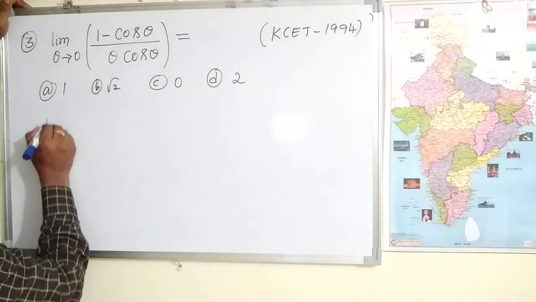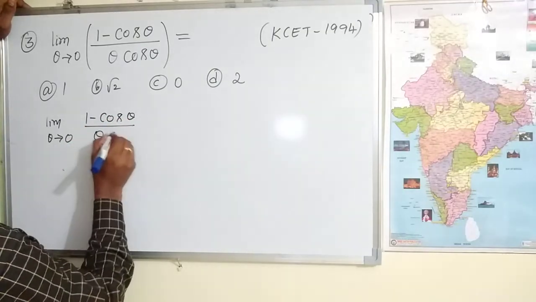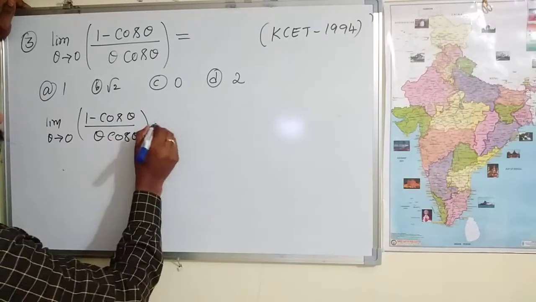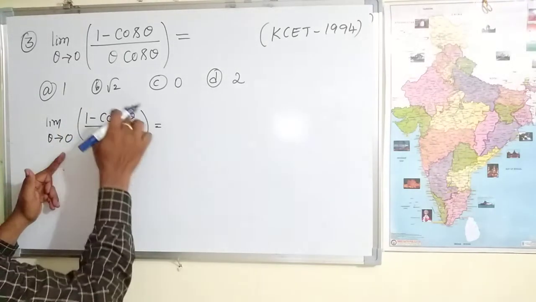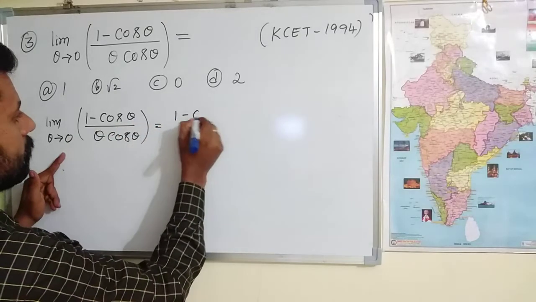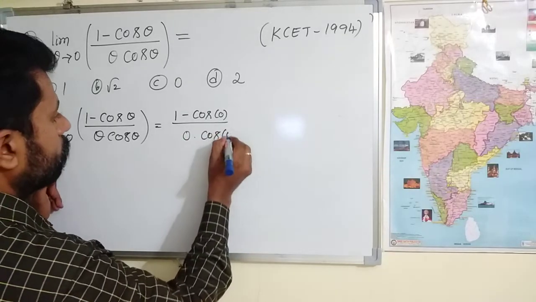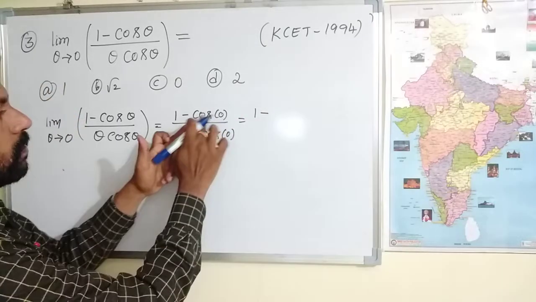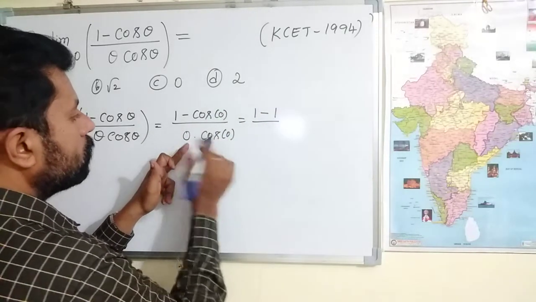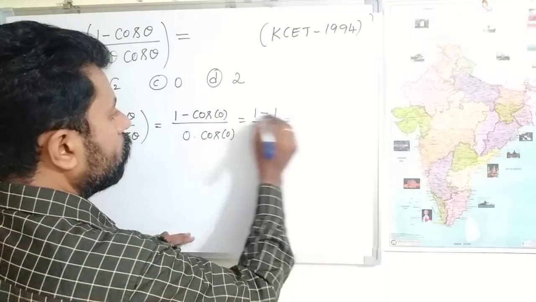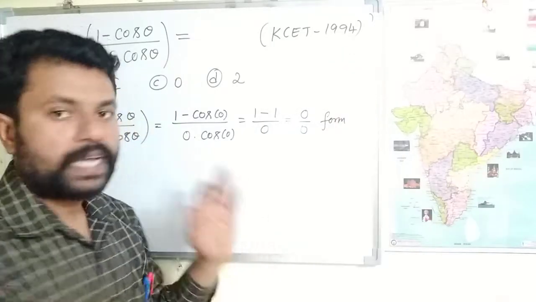We get 1 minus cos of 0 divided by 0 into cos of 0. cos of 0 is 1, so 1 minus 1 is 0, divided by 0 into 1, which is 0. So we get 0 by 0 form. So this is an indeterminate form.